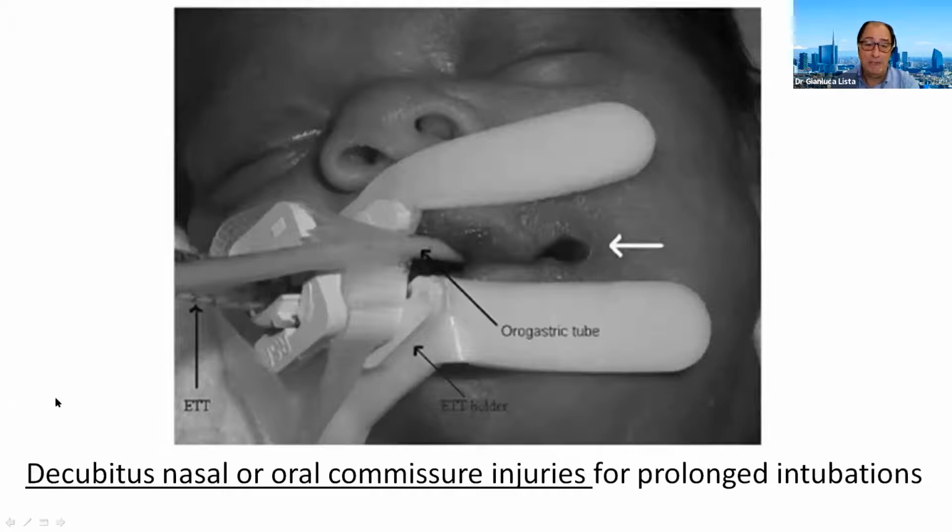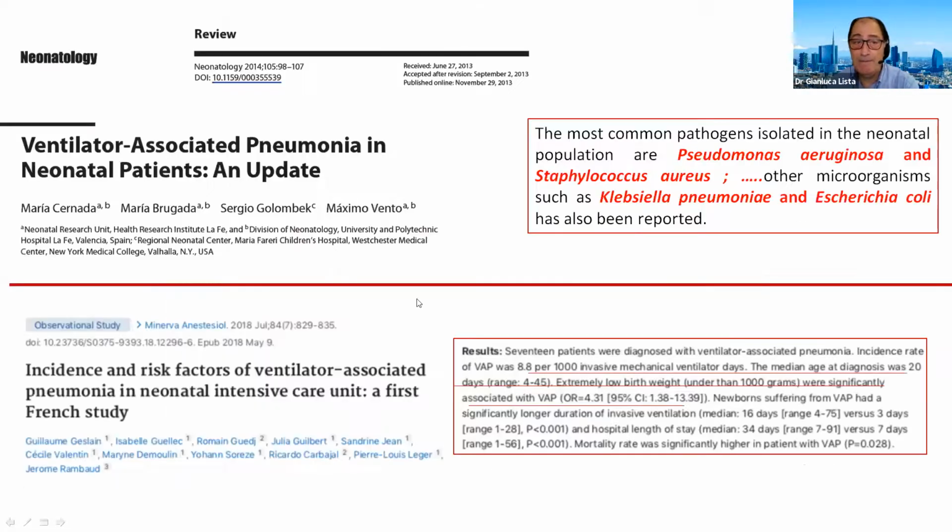So we have to remember that when you use the tracheal tube, you can induce a nasal decubitus or commissure injuries that can damage the skin, damage the mucosa, and induce an infection of the upper and lower airway. Very dangerous is ventilator-associated pneumonia, caused by gram-negative or gram-positive bacteria, and especially frequent when the mechanical ventilation is prolonged.